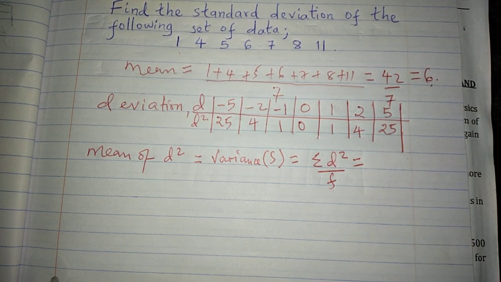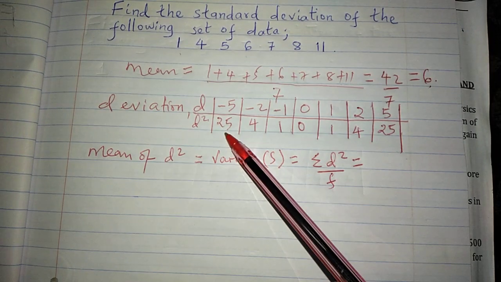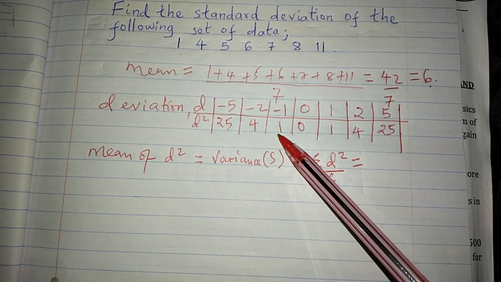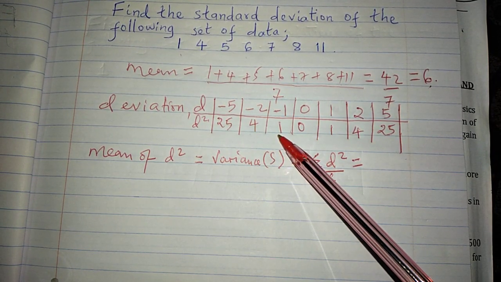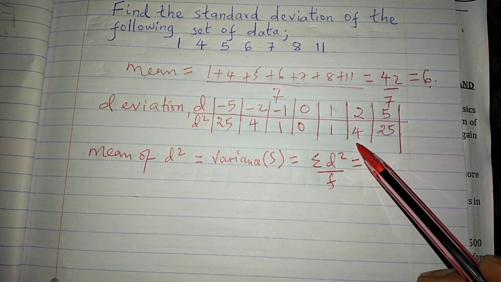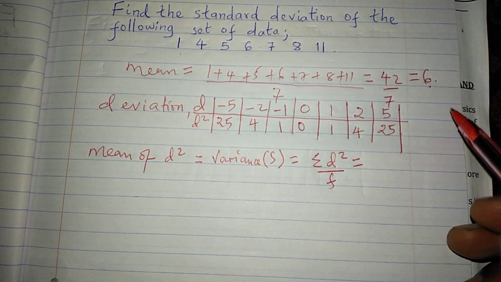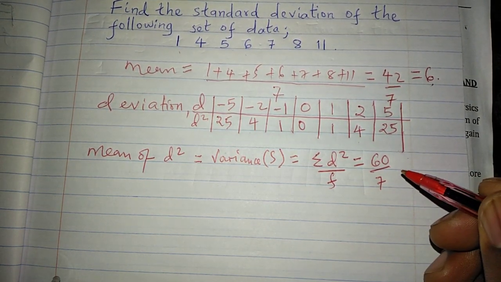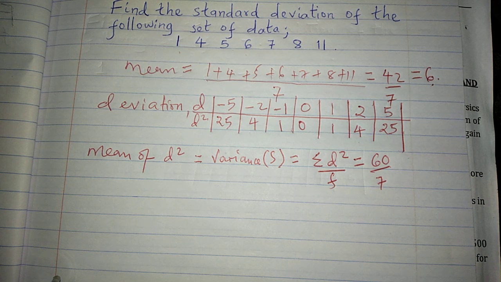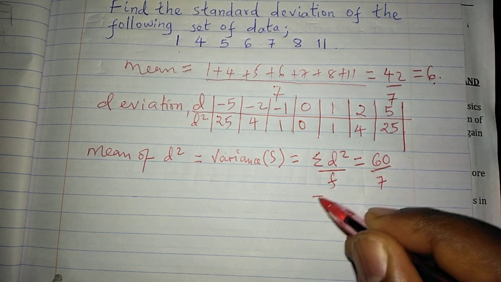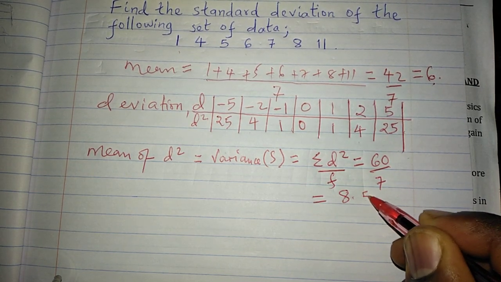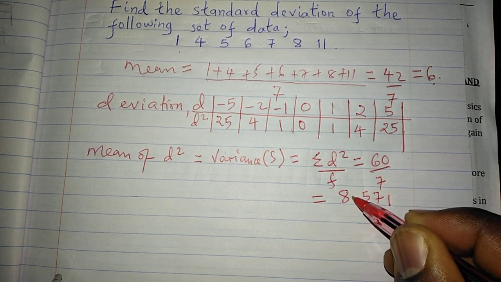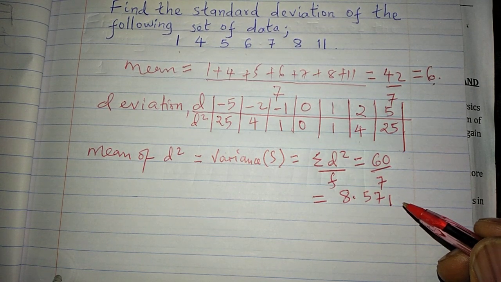We have 25 plus 4, which is 29, plus 1, that is 30, 31, 35, 35 plus 25 is 60, divided by 7 items. Therefore, 60 divided by 7 gives us 8.571. This one is called variance S.